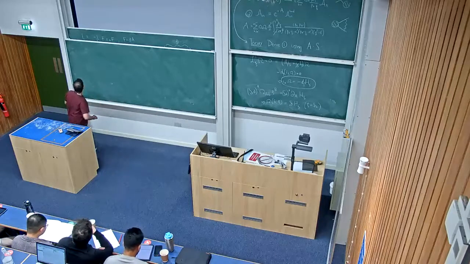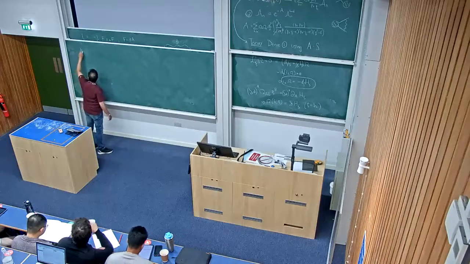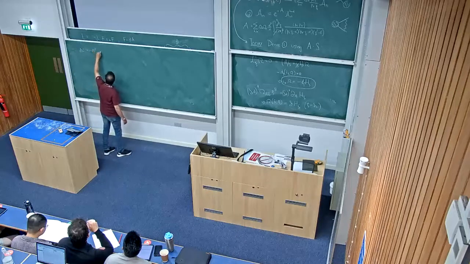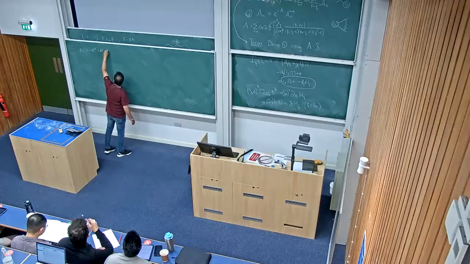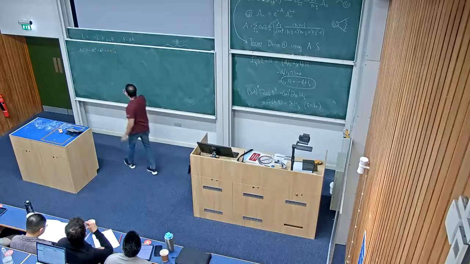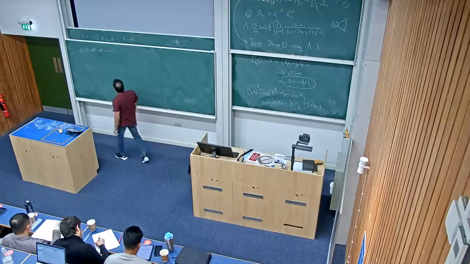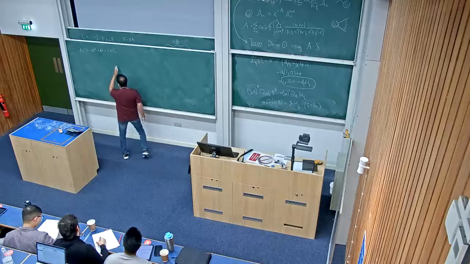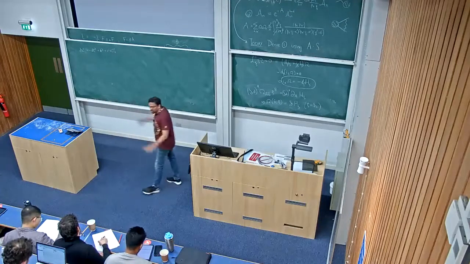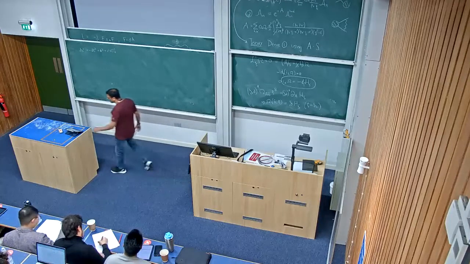Okay, so let me start with coordinates that I'm sure you're familiar with. Okay, the standard spherical coordinates. Well, okay, this I can still make a d-dimensional discussion. This is always true. Tomorrow I'm going to focus on 4 dimensions.